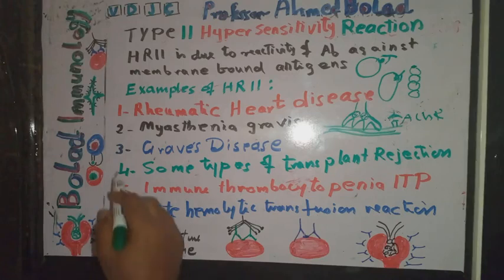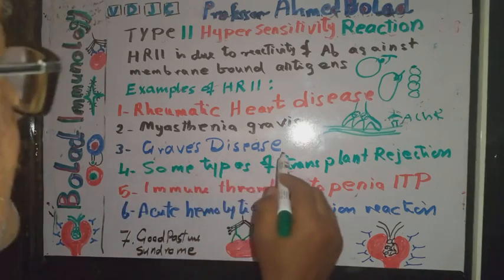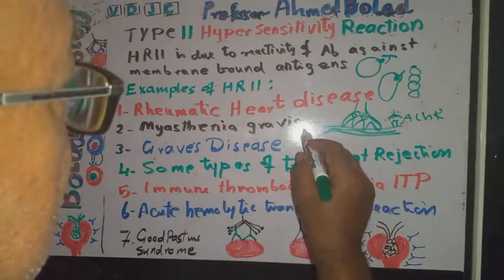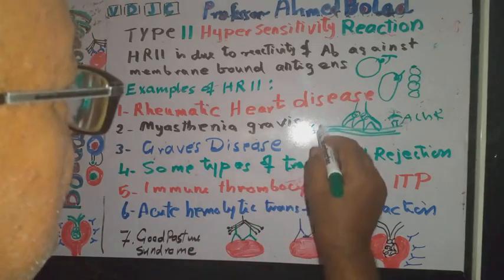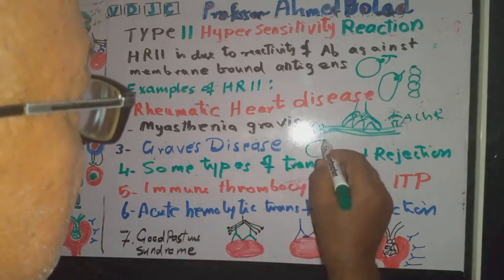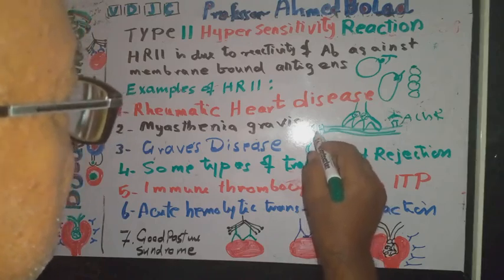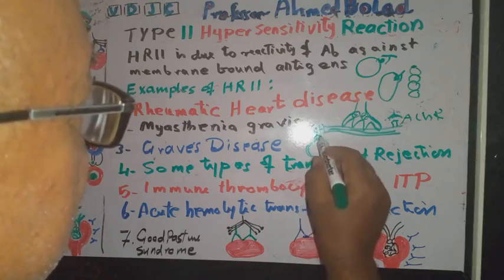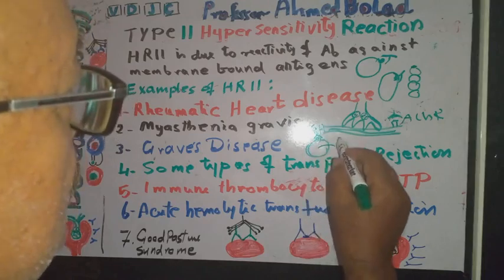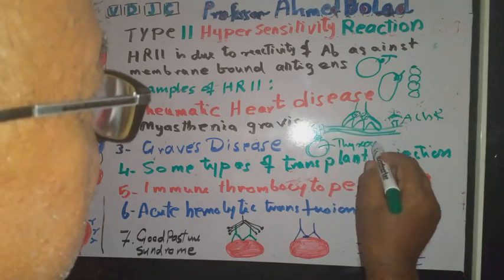A third example is Graves disease. As you know, thyroid stimulating hormone has receptors on the thyrocytes. When it binds the receptor, this gives a signal to produce thyroxine.